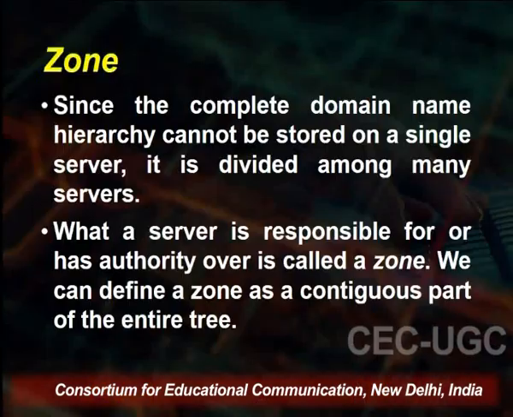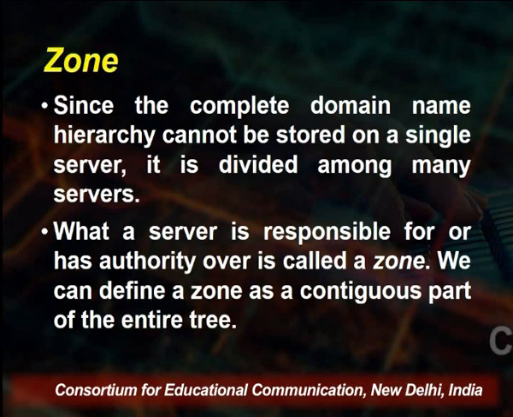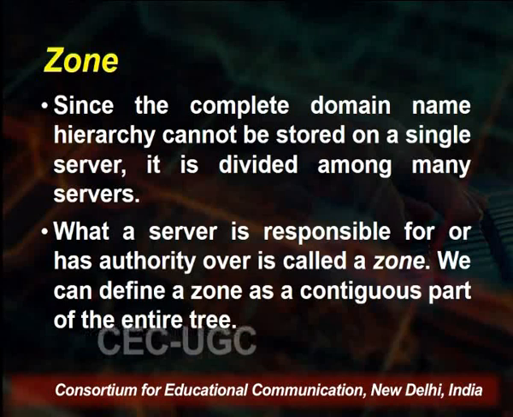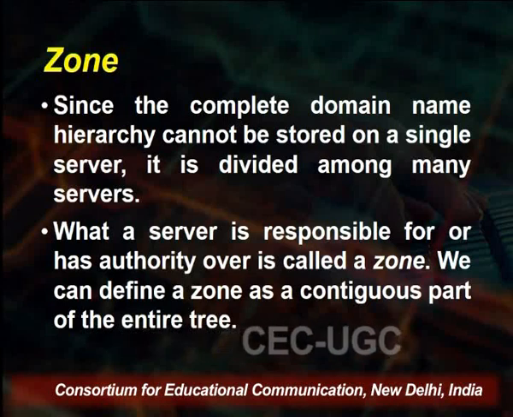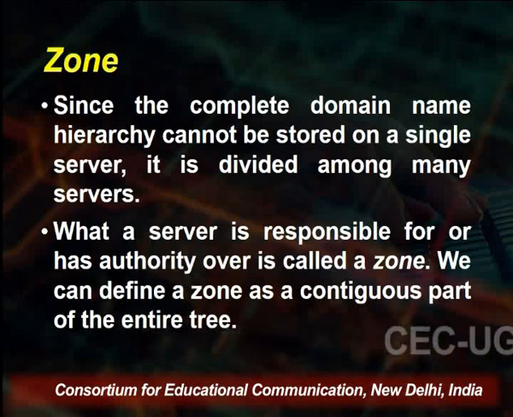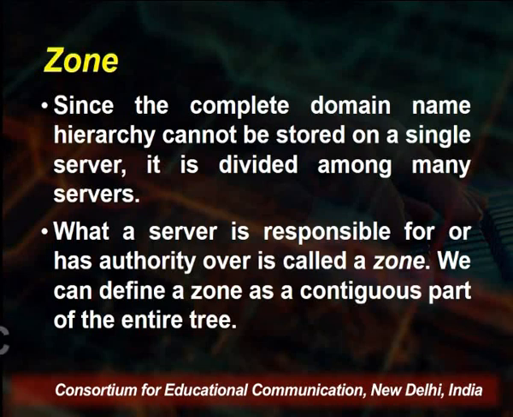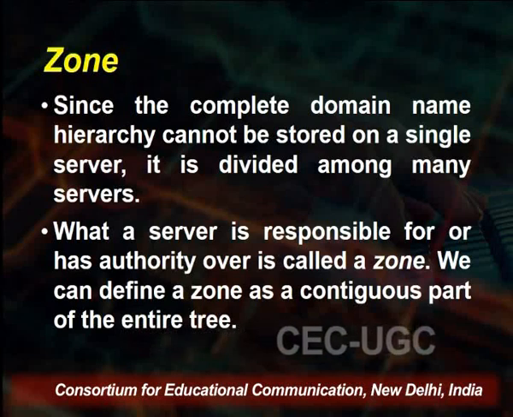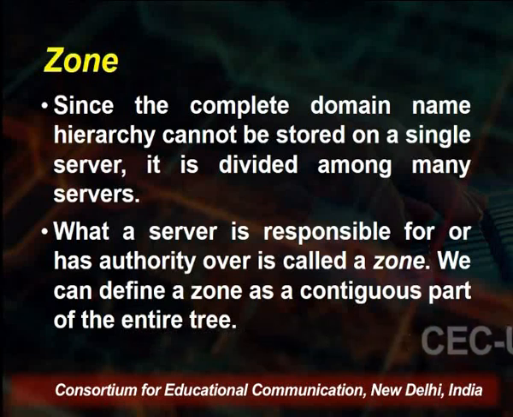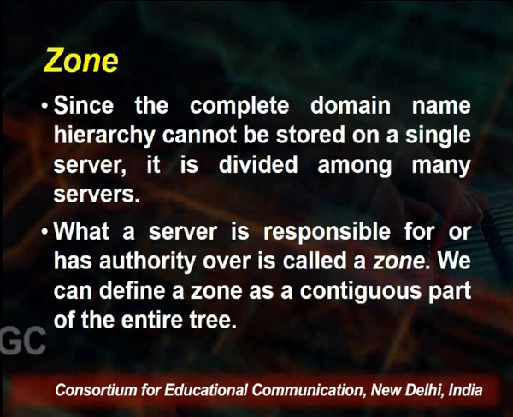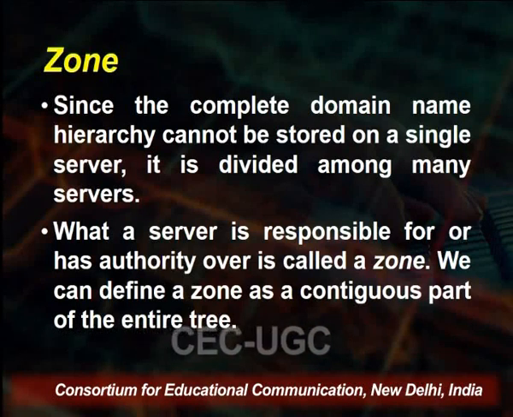Since the complete domain name hierarchy cannot be stored on a single server, it is divided amongst many servers. What a server is responsible for or has authority over is called a zone. So what is a zone? A zone is that contiguous part of the tree which lies under one particular server.